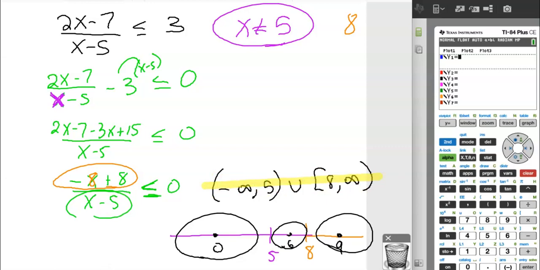Also 8 to infinity works. I do want to point out to you that because this says less than or equal to, that's why we have to include the 8. This interval does work, but because it says less than or equal to, we put a bracket. Now we can't include 5. Remember, it cannot equal 5, so that's why we put the parenthesis on 5.